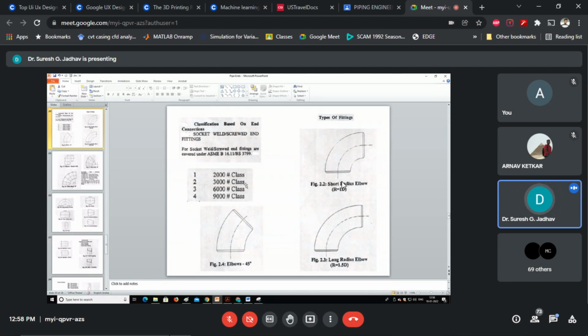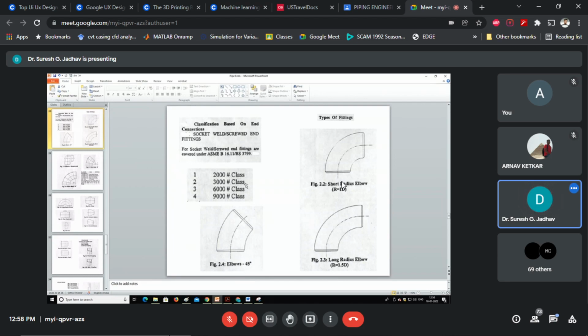The corresponding pipe thickness for this class is schedule 80 or XS for socket weld connection and schedule 160 for screw end connection.